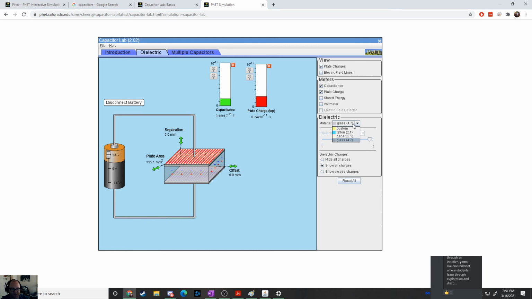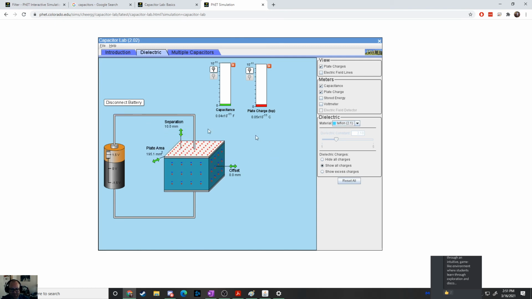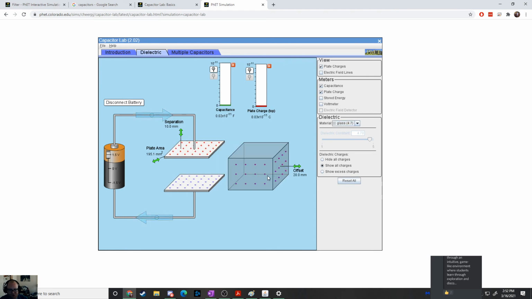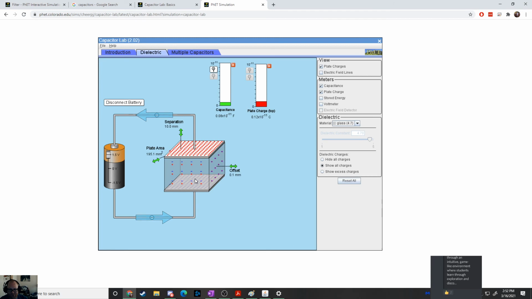And if we were to switch it over to something like Teflon, Teflon has a lower dielectric constant, so you can store less. You'll notice something else that happens here. Let me separate these out so it can be really heavily shown. Within the dielectric itself, the dielectric becomes polarized, okay? It doesn't show it with air, but air would show it too. Or maybe that's supposed to be a vacuum, I don't know.